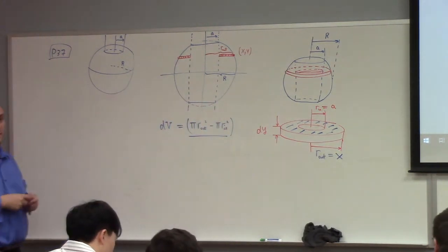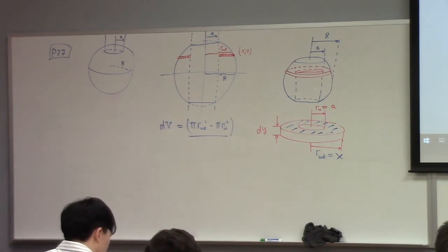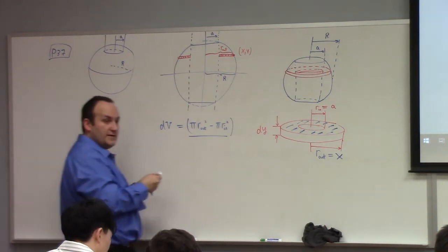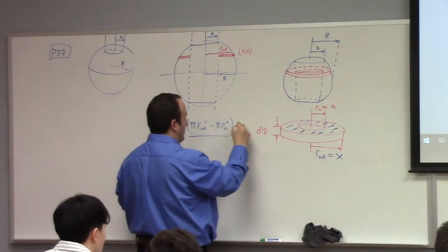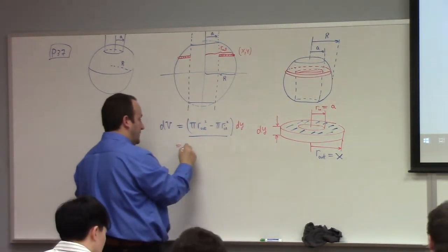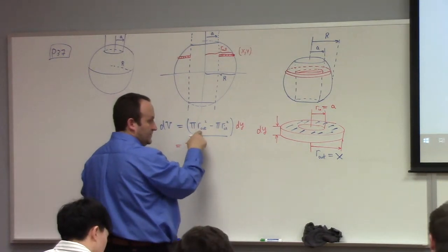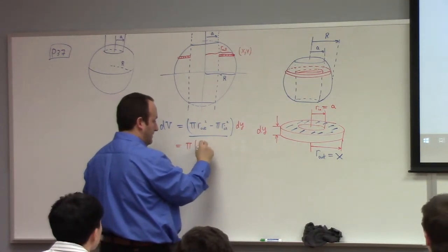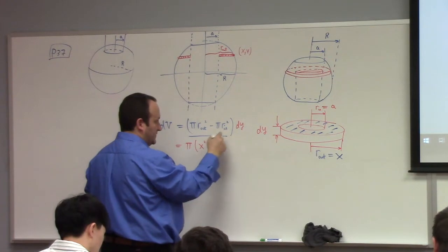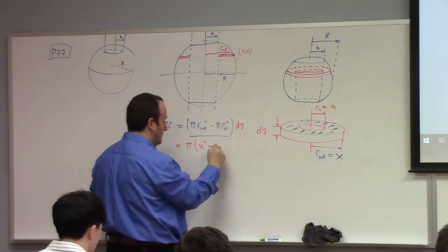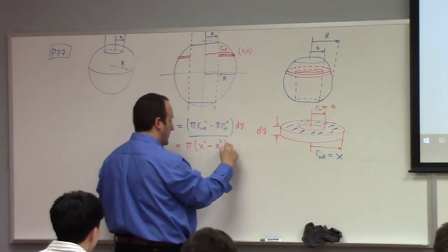And then to get the volume of the infinitesimal washer, we just multiply by the thickness, which in this case is dy. Right? And that would be pi times what? Pi times x squared minus, I guess, a squared, right? dy.